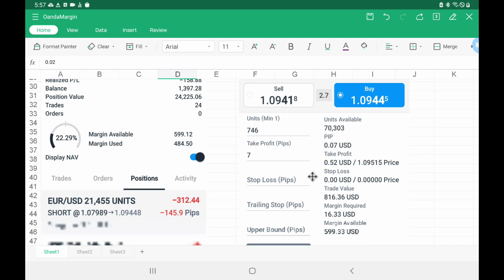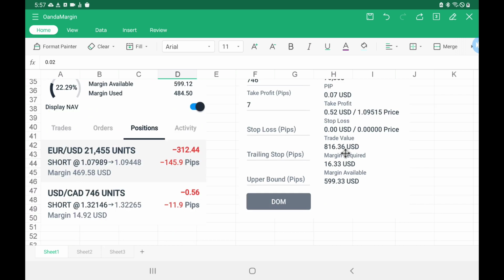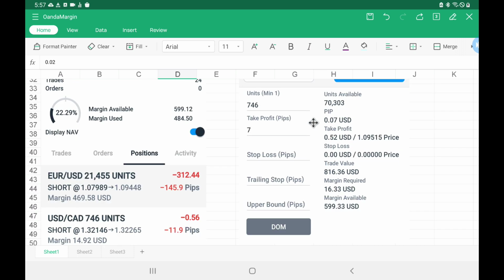Take the time, run through the Oanda app, run through the process, figure out your units, figure out a desirable stop loss. I look for about 50 cents per trade as a good and reasonable level of profit. If you're more risk averse, you might want to try 4 or 3 pips for a take profit and then see how that affects your unit size.